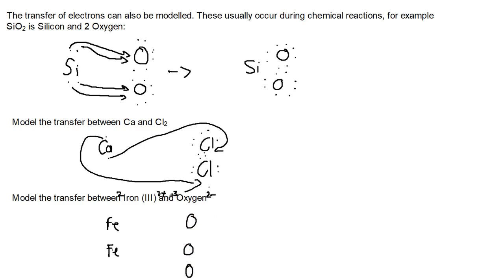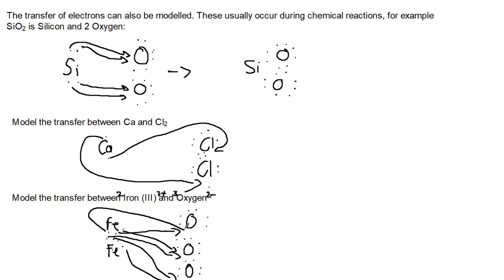So we have 1, 2, 3, 4, 5, 6 for each oxygen. We can put this there, this second one there, this third one there, this fourth one there, this fifth one there, and this sixth one right there. That's really messy, but I can draw it at the end if you want.